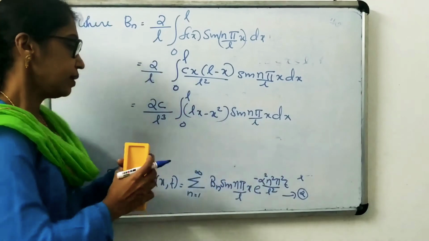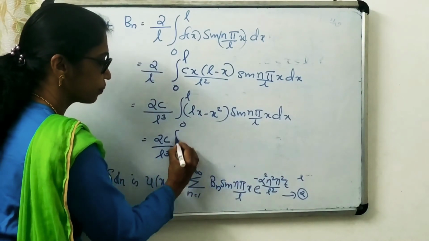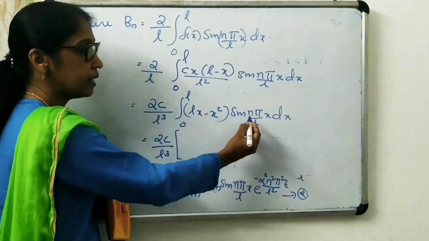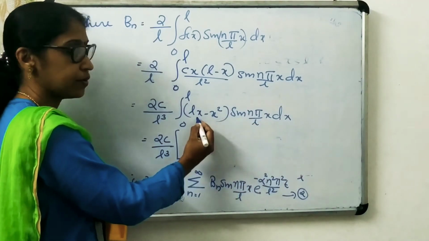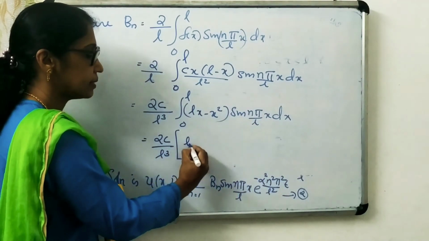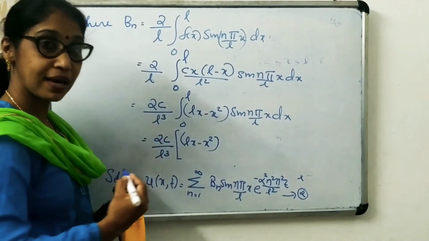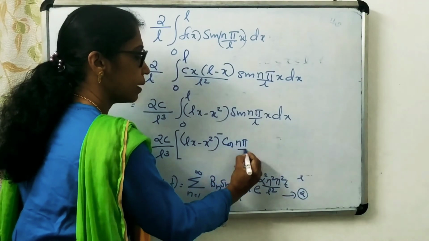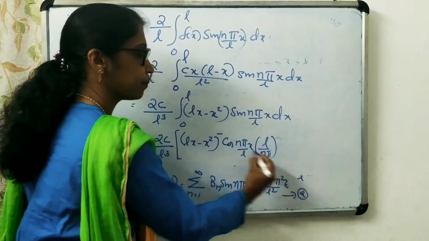So here this is equal to 2c by L cube into, now I am going to integrate. You all know this is a polynomial and this is a trigonometric function, so we use Bernoulli's formula. Now first into integral of second, that is Lx minus x square into integral of sine, which is minus cos. So minus cos(n pi by L x) into L by n pi.